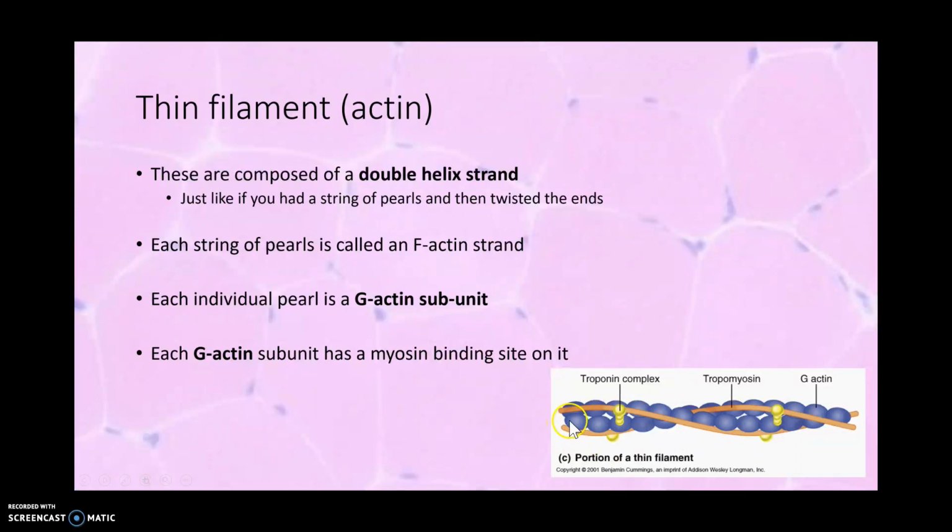Each individual pearl right here, each individual actin pearl, is called a G-actin subunit. And each G-actin subunit has a myosin binding site. So all of these little actin molecules here, each G-actin subunit, has a site to which myosin can bind.